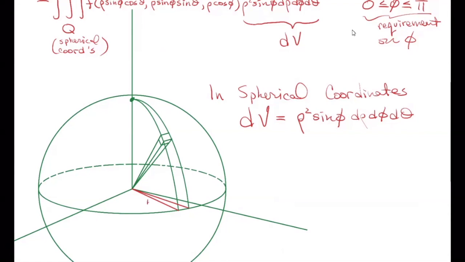That's just R down there. But going up into space is rho. So this is rho here. And remember, phi measures down from the North Pole. So phi would be this way, like that.